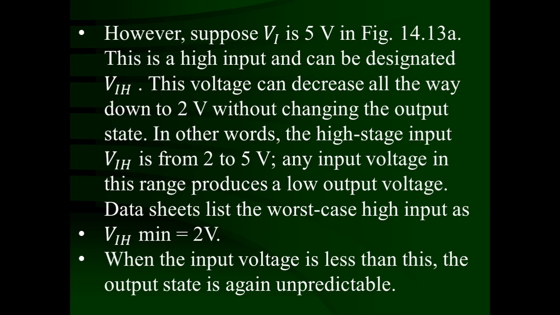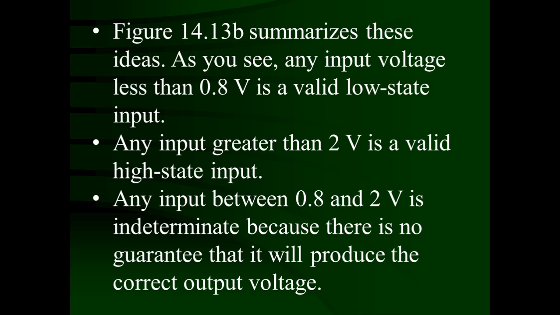That means you can decrease the input voltage from 5 volt down to 2 volt. That 2 volt is the VIH minimum. For that, the output definitely remains in the low state. When the input is less than 2 volt, the output is unpredictable. Figure 14.13b summarizes these ideas.